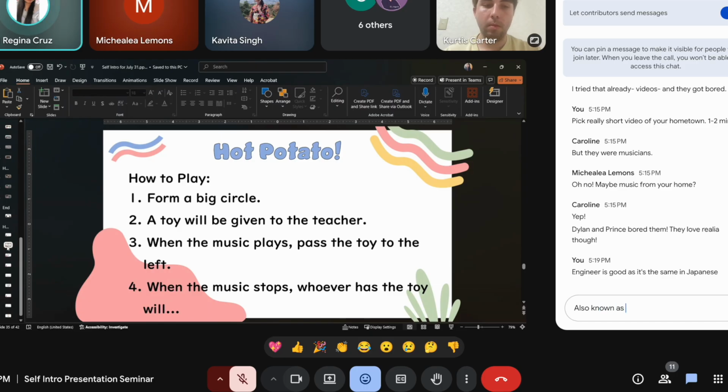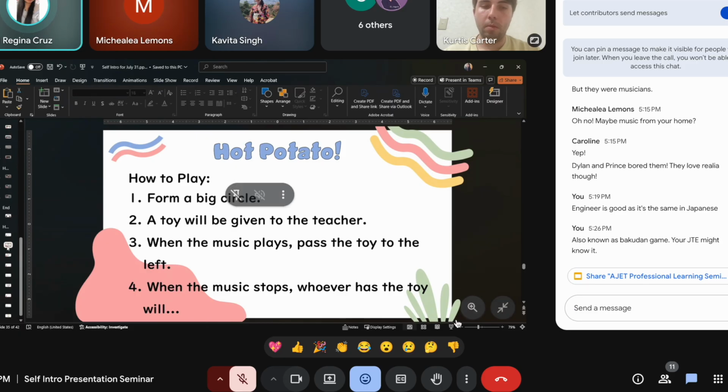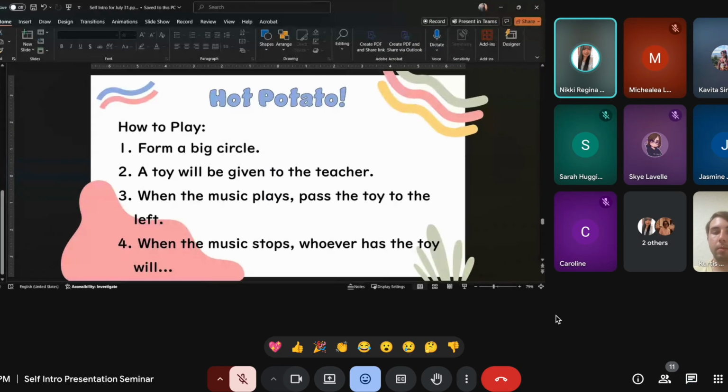You need a toy for this one as well as music. When you use this game, please use lively music, one that would motivate the kids to rush to pass the potato or the toy to the other student. When the music plays, you pass the toy to the left.